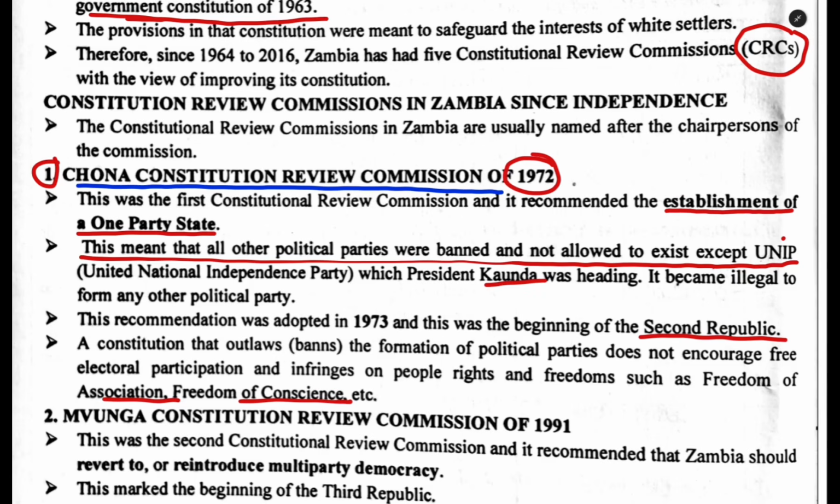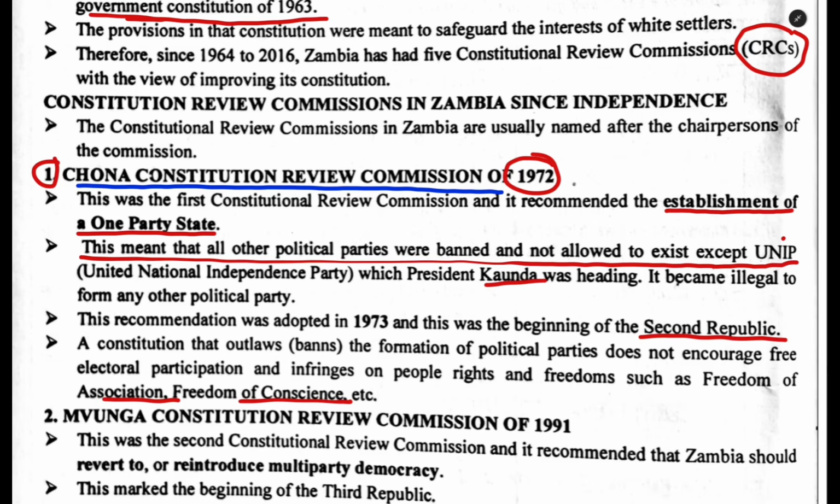It was the Chona Constitution Review Commission because it infringed on the rights of citizens. That is in terms of freedom of association and conscience. People were not given a chance to choose leaders based on the party that they want. There was only one party, which means there were no other options. So I guess you get that.